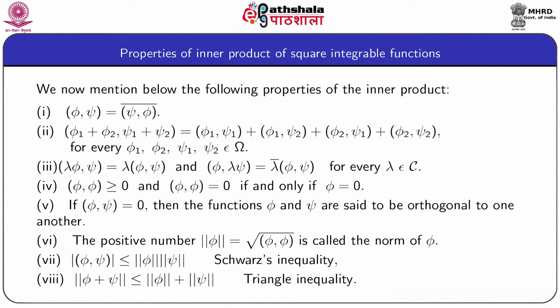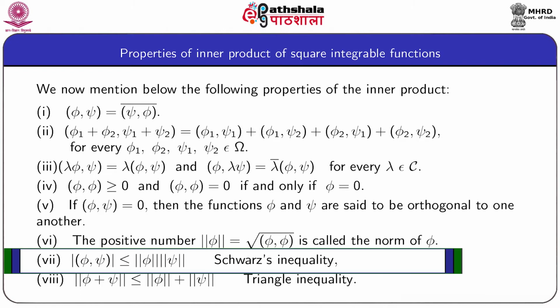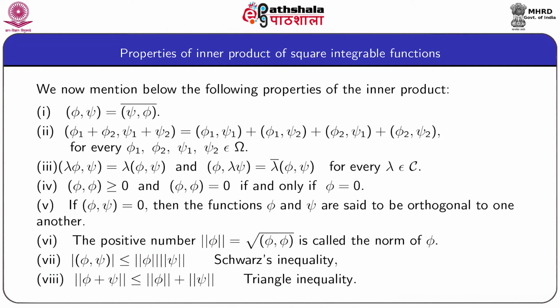Seventh property is that the mod of the inner product of phi and psi is less than or equal to norm of phi into norm of psi, and this is the Schwarz inequality. And eighth property is the triangle inequality.